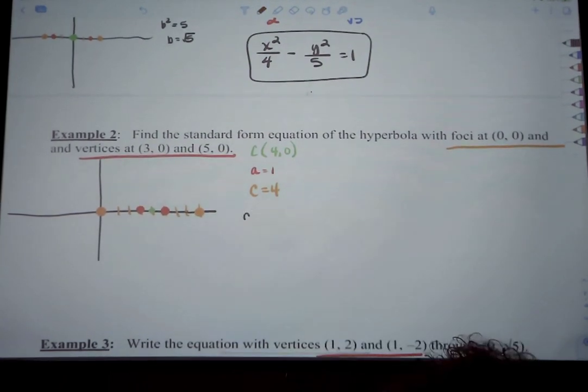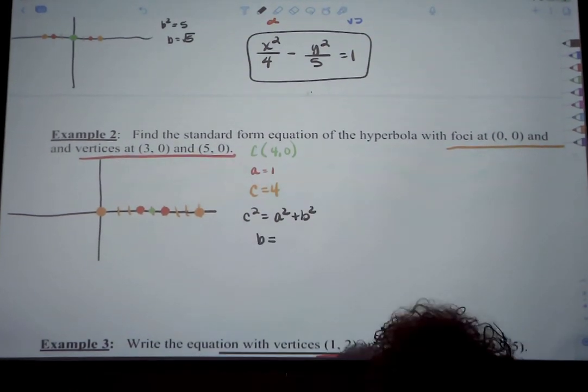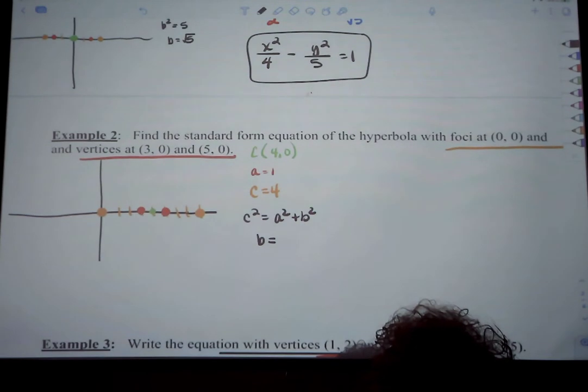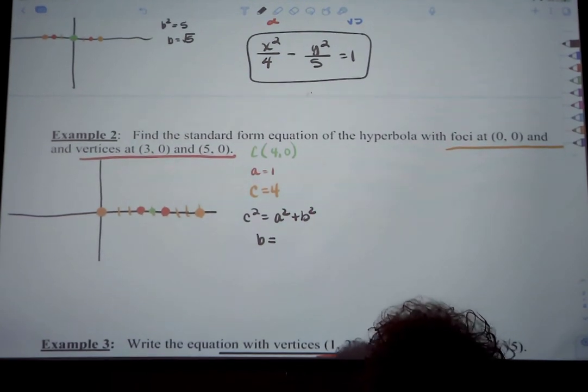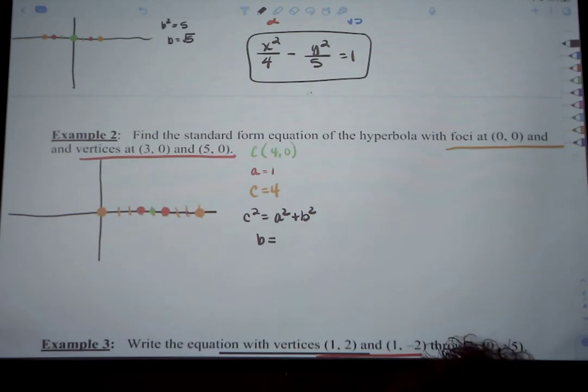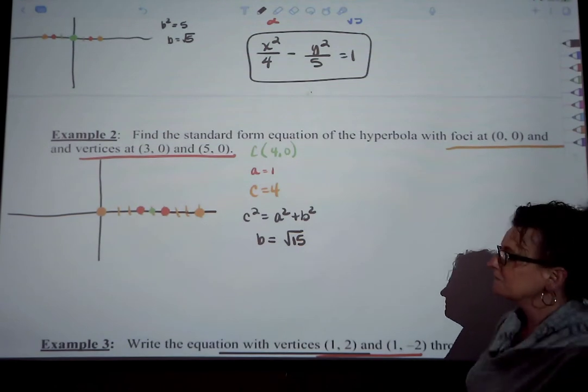Do your equation. I got B to be radical 15.